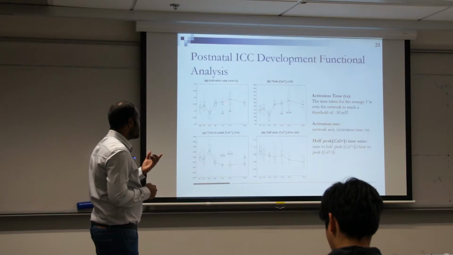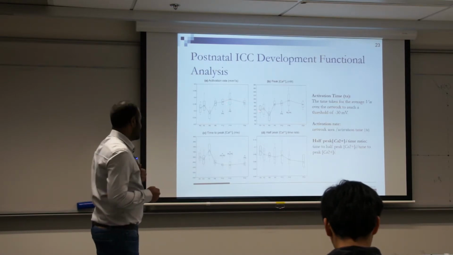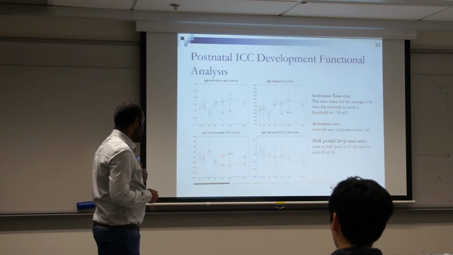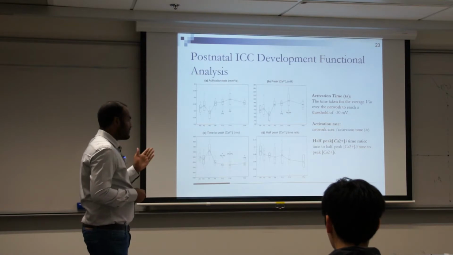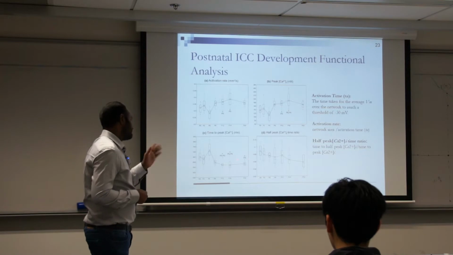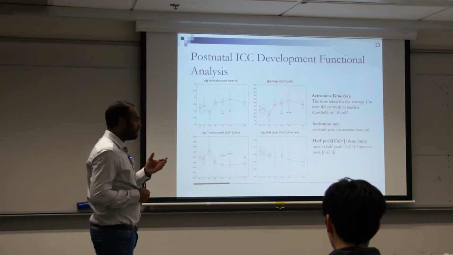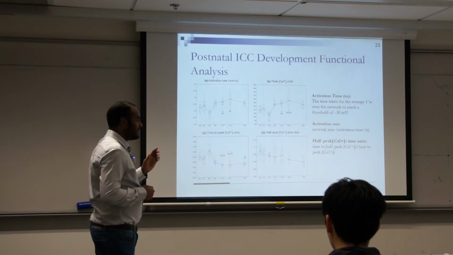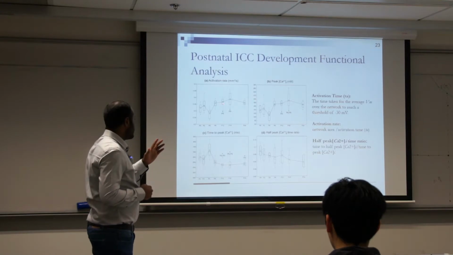So until P12, it actually reaches a more stabilized state. From there, it's not steep. As you can see over here as well, time to peak is reduced. That means it reaches the required activation time in very low time. So that suggests that the overall network efficiency has increased, and it's increased by the time it reached P12.